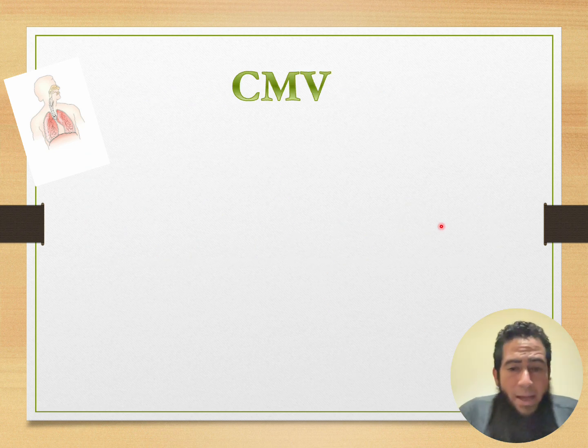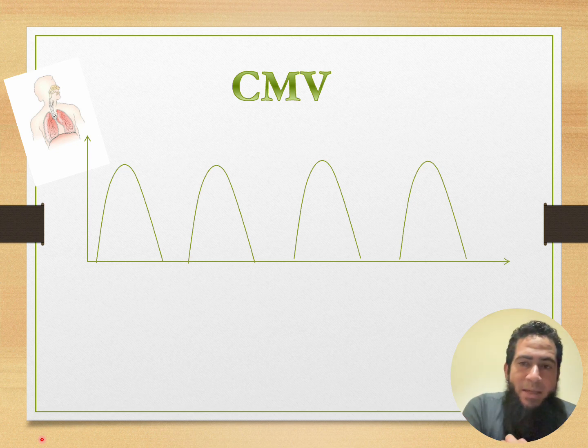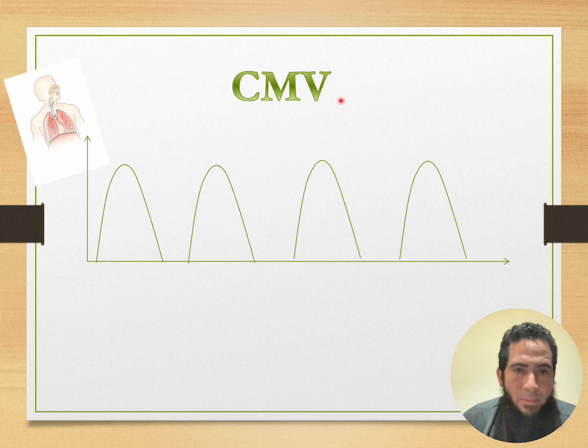The next mode we need to know about is CMV. It's kind of historical, but we need to know about it to be able to understand. Controlled mandatory ventilation is in the old anesthetic machines, which don't contain any flow sensors or trigger mechanisms that can assist the patient in breathing.